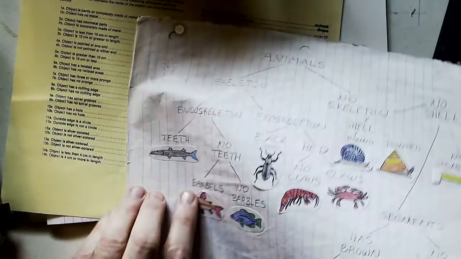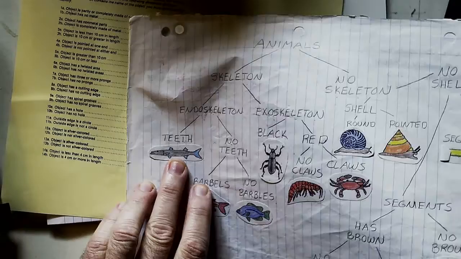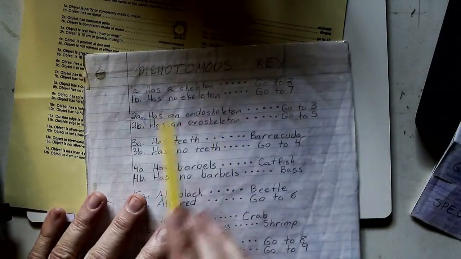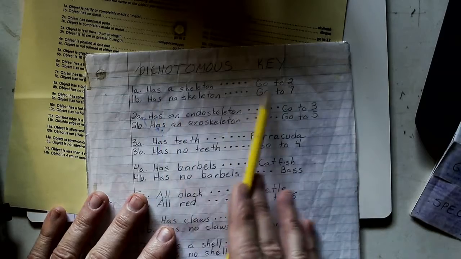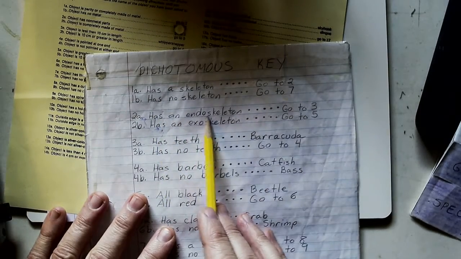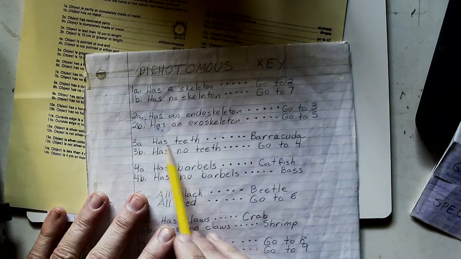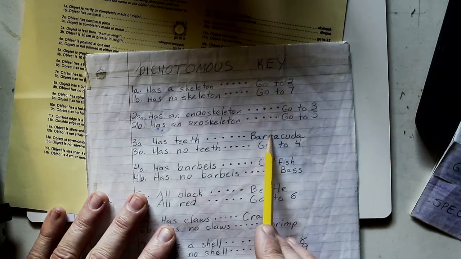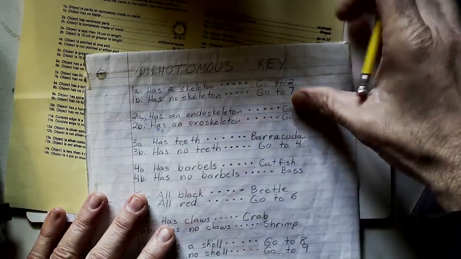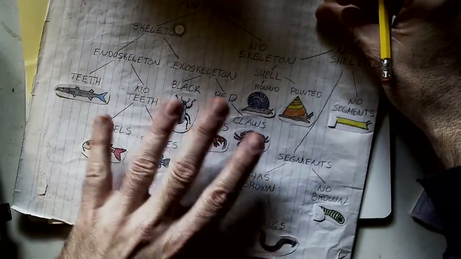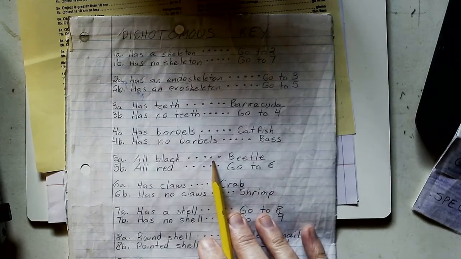So if I was classifying the barracuda here: it has a skeleton, go to 2. It has an endoskeleton, so I go to 3. It has teeth, so it's a barracuda. You would have used this table to make your own dichotomous key.